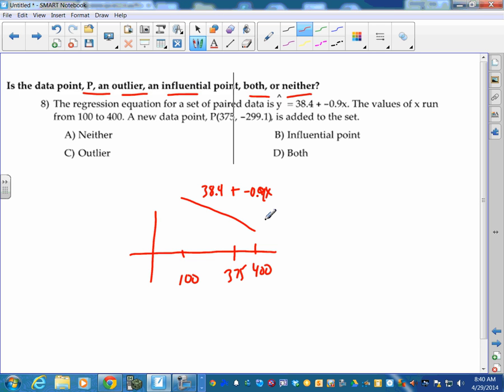Austin? Got it. Good. Austin is getting ready to double check. Negative 0.9 times 375. What is it?